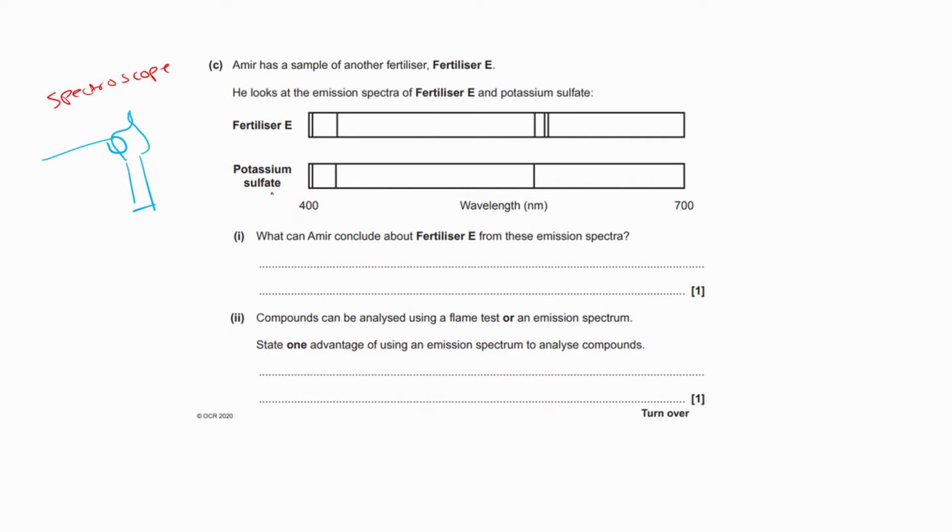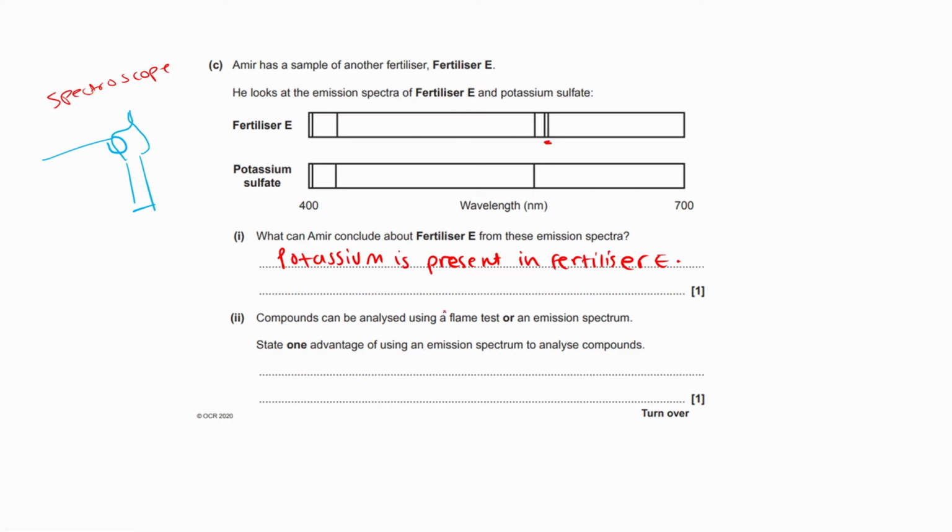Potassium sulfate has potassium in it, so these are wavelengths of light given out by potassium. We've got one near 400, another one here, and the last one there. The question is, what can I conclude about fertilizer E from these emission spectra? All the lines that are in potassium are also in fertilizer E, but fertilizer E has additional lines. So what you can say is the metal potassium is present in fertilizer E, alongside other metals, because you've got two lines here that could be for another metal.